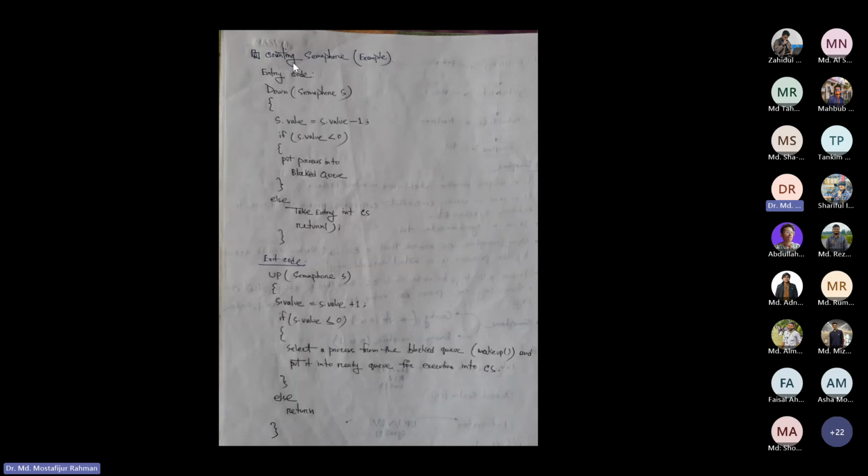One thing is how this entry code protects a process. For example, a critical section has only one process that can enter. What happens if a second process comes to get entry to the critical section? It needs to get entry into the blocked queue.